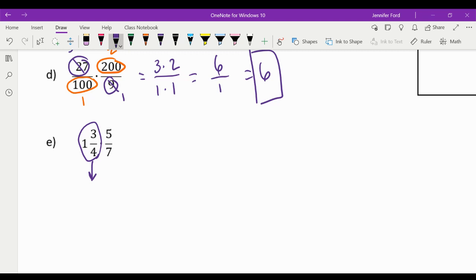So 1 3/4. 1 is the same thing as 4/4. So it's 4/4 and 3/4. So that's going to be 7/4. And a quicker way to do that, 4 times 1 is 4. That's 4/4, and then plus 3 more is 7.